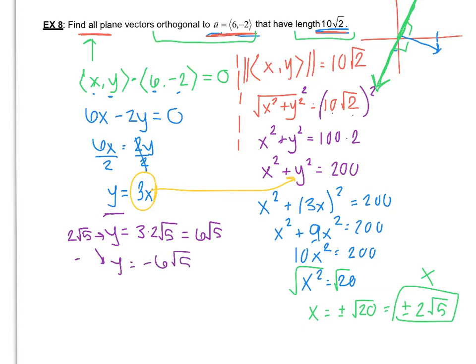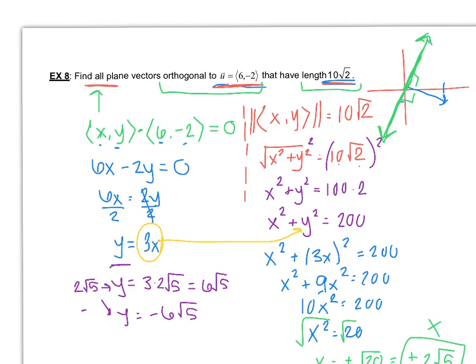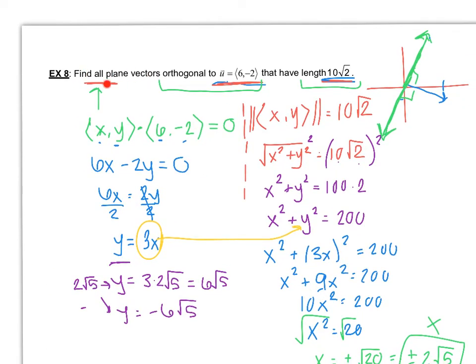So all vectors, let's go back to the original question here. This was asking for all vectors that are orthogonal to this, 6, negative 2, which is where we got our first equation, that have the magnitude or length of 10 root 2, which is where we got our second equation. Use substitution. We end up with two possible vectors that this will work for.